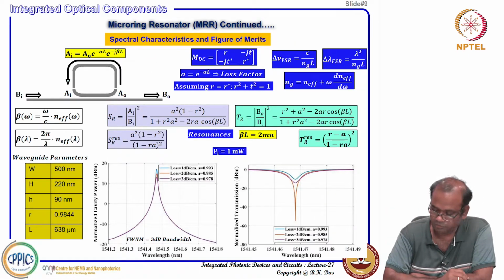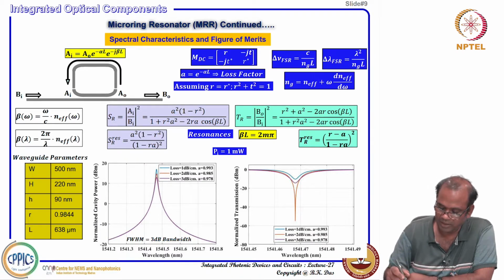Now, another one: your P input is 1 milliwatt, and as I mentioned, if you are increasing the loss, 1 dB, 2 dB, 3 dB, then the loss factor will be reducing, because A equals 1 by e to the power alpha L. Alpha is shown in nepers, but you can convert nepers to decibels, we have discussed how to convert that.